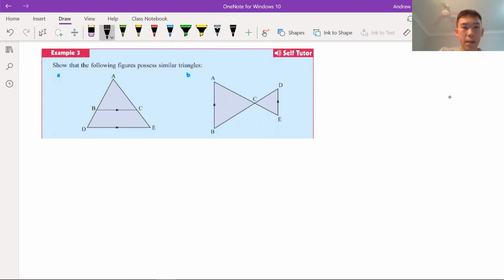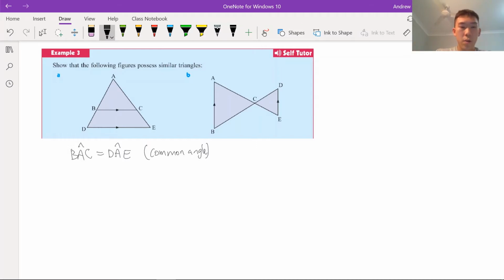All right, let's begin. So what we can say first is that angle BAC is equal to angle DAE because they share it, right? So common angle.